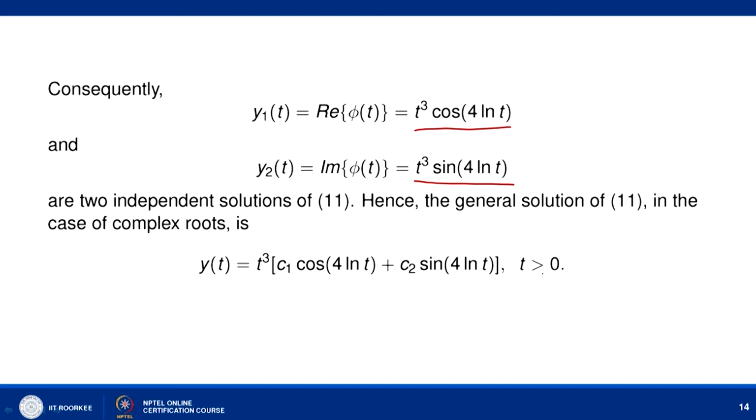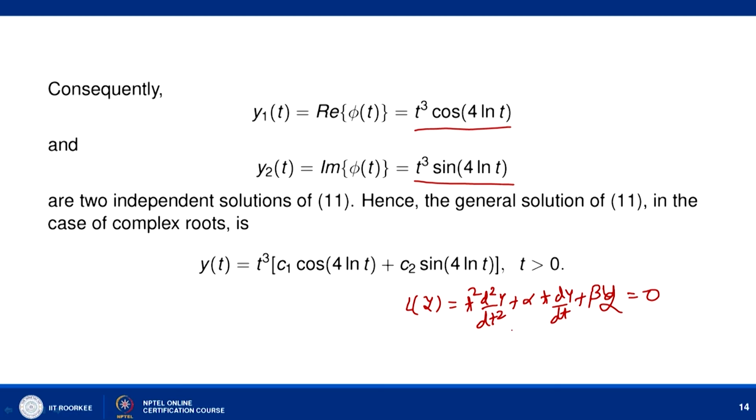So, we have discussed the solution of the equation Ly equal to d2y by dt square plus alpha t square dy by dt plus beta y equal to 0.